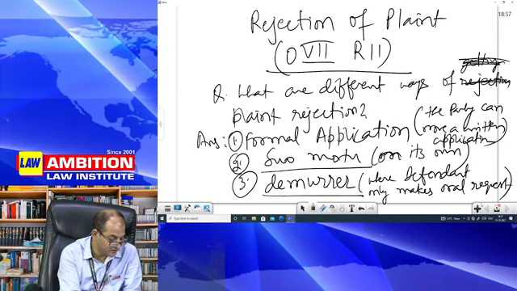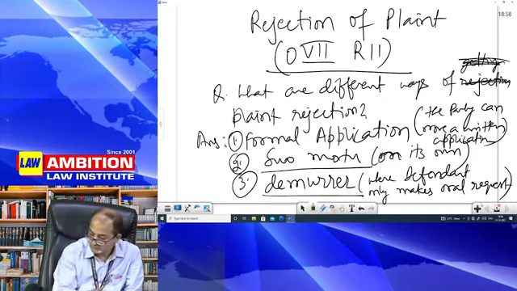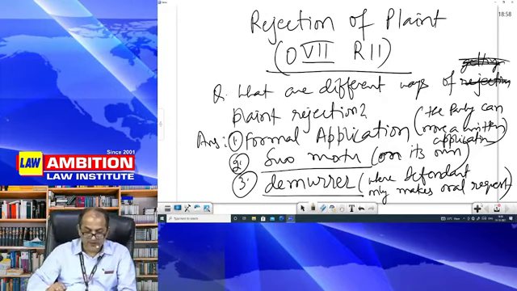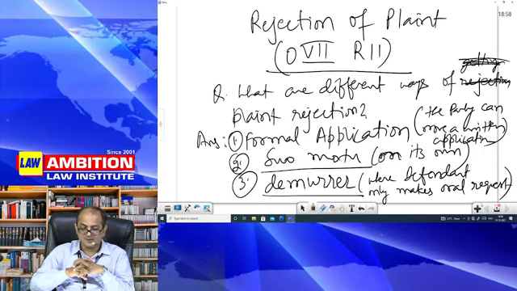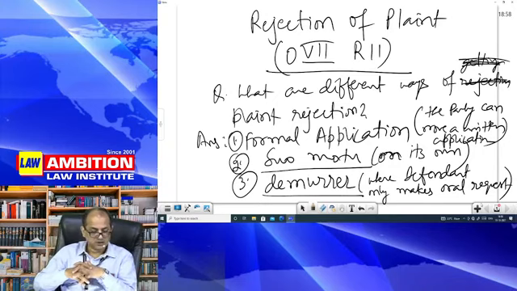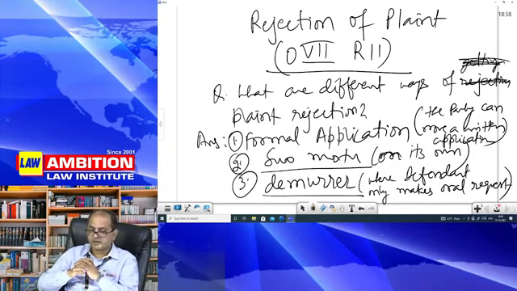Defendant makes oral request. He does not file a written application. So these are different ways of plaint rejection.